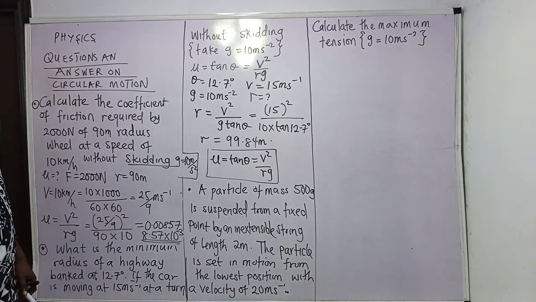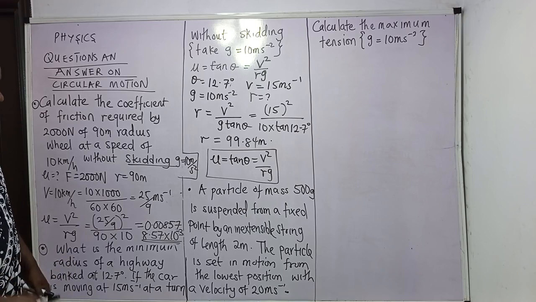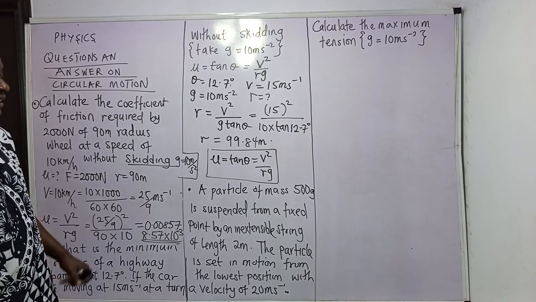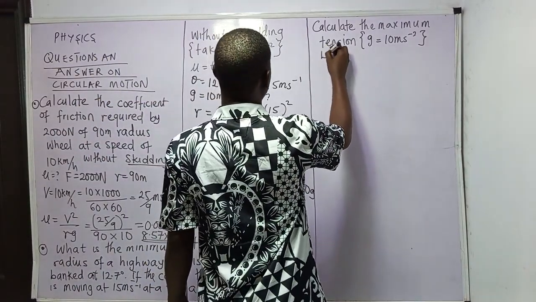Now let's go on. A particle of mass 500 grams is suspended from a fixed point by an inextensible string of length 2 meter. So the length is 2 meter.